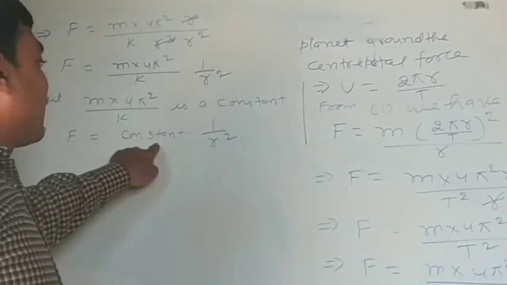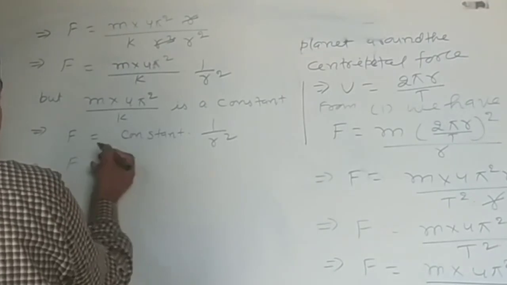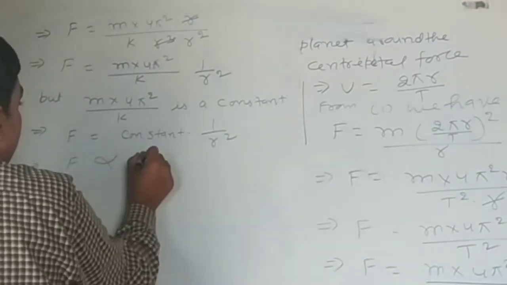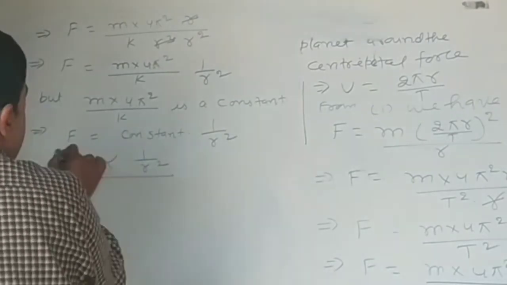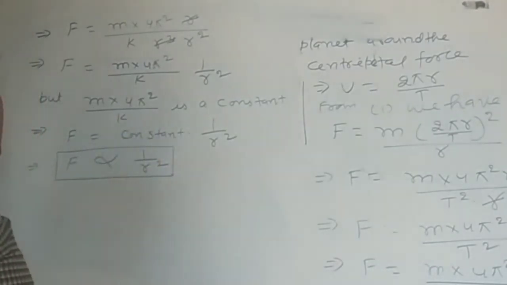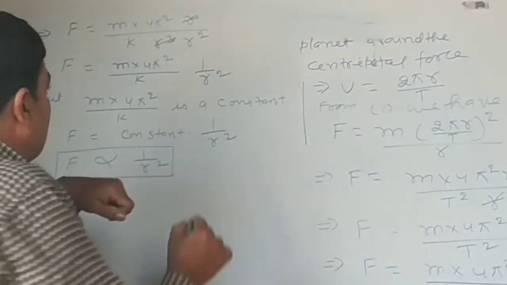This indicates that F varies as 1 by r square, and hence Newton obtained the inverse square law.